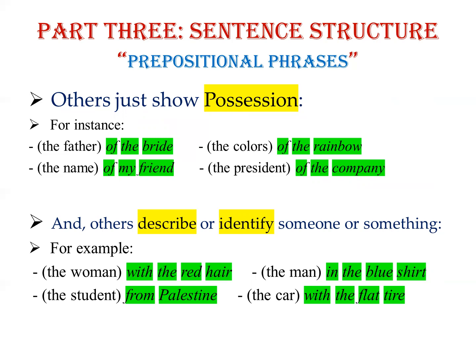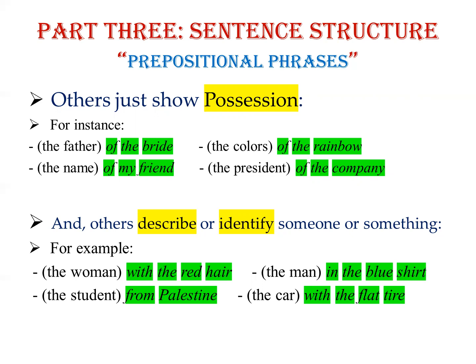I mean here that this bride has a father and this father is for this bride. So I'm giving you the possessive thing. The name of my friend: my friend owns a name, and this name is for him. So I'm giving you the position, or my friend's name.